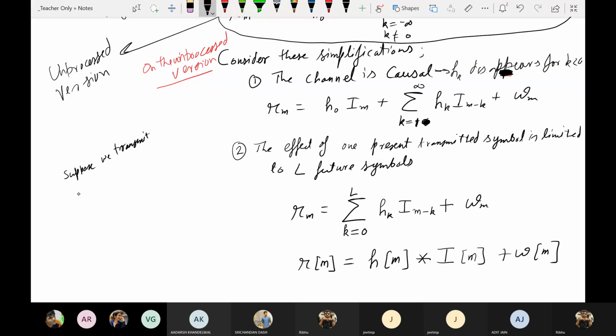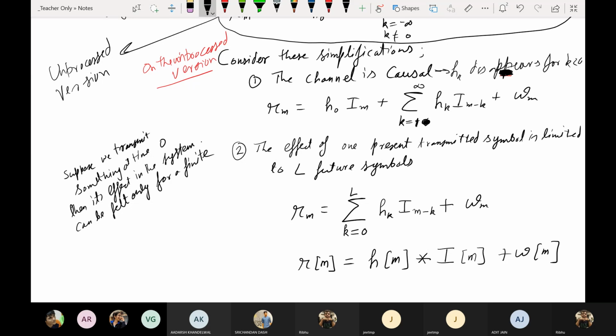Its effect in the system can be felt only for a finite duration.